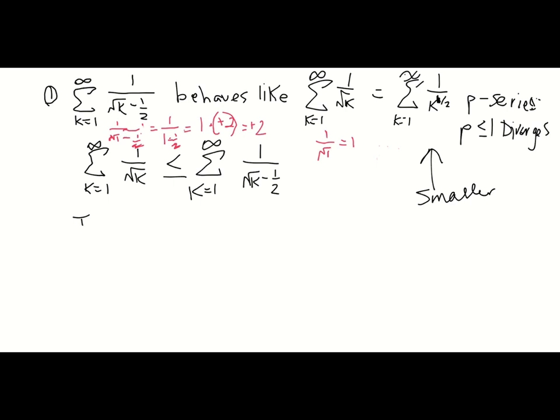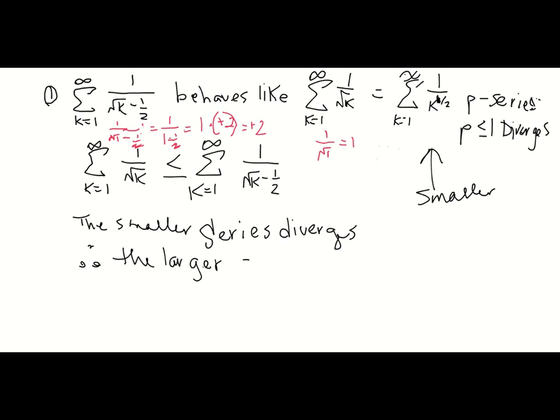So since the smaller series diverges, therefore the larger series, which was the one we started with, also diverges by the direct comparison test.